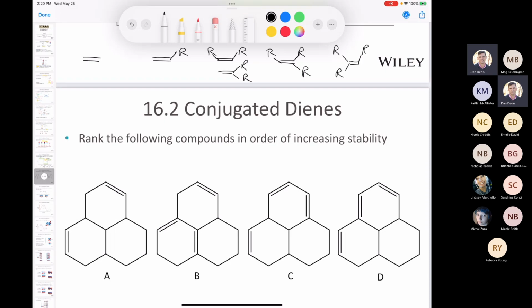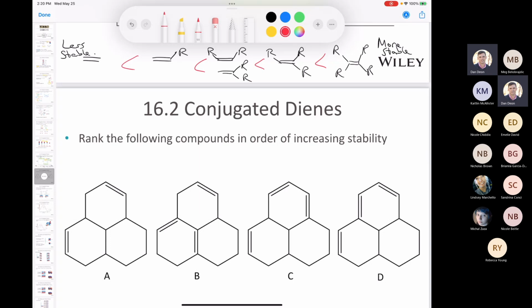What we saw in Organic Chemistry 1 is that more substitution means it's more stable, and less substitution means it's less stable. So we'll put more, and less as we go down here. So I want you to keep that in mind.